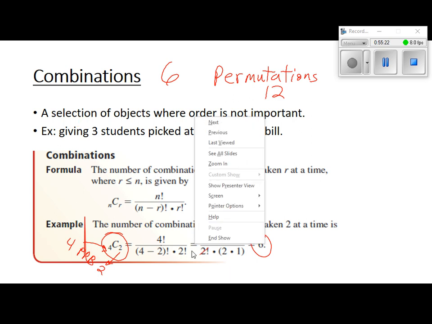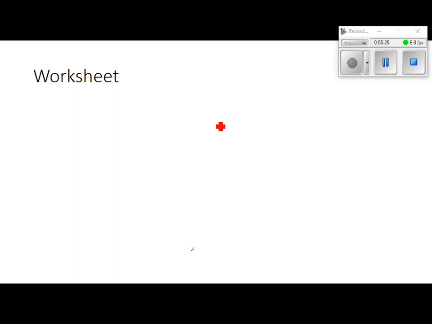On your packet there, grab that packet and grab your calculator so that we can do a couple of these together real quick. Flip back to, let's see, the very last page. Does everybody see the ones that look like permutations? 43 through 46, is that right?